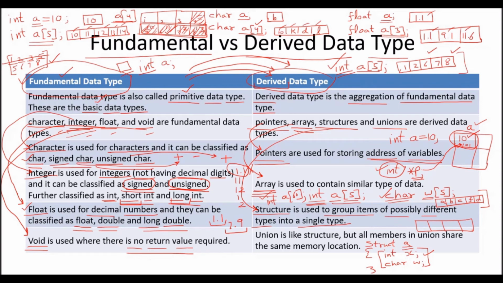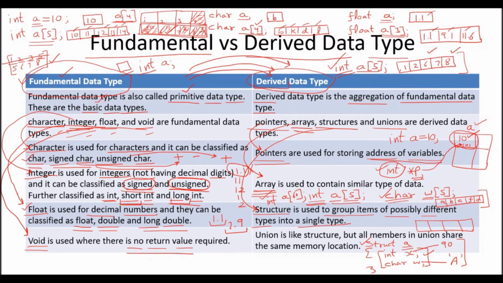For the marks, let us suppose I have an int x, and for the grade I have a character, because a grade cannot be 1, 2, 3. A grade will be A grade, B grade or something, character type, and marks will be, let us suppose, 90 or something. So for every student I want to store this. For that purpose I will create a structure, and an array of the structure will be created.